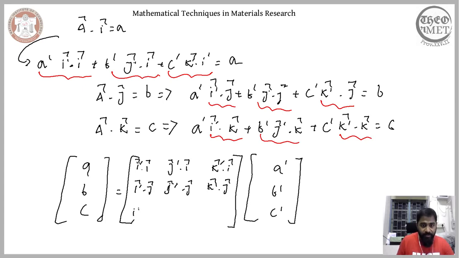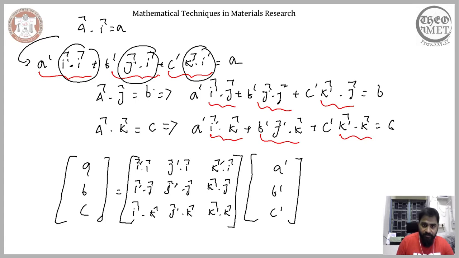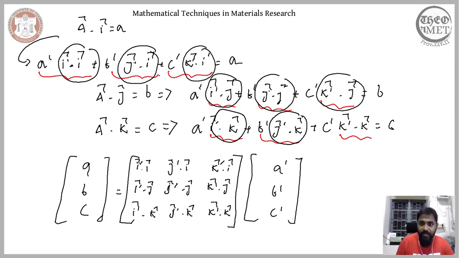In this row I will have i prime vector dot k vector, j prime vector dot k vector, and k prime vector dot k vector. So all these dot product terms assume their places in the square matrix. A, B, C and A prime, B prime, C prime form the column matrices. All the rest of the terms assume their positions in the square matrix.